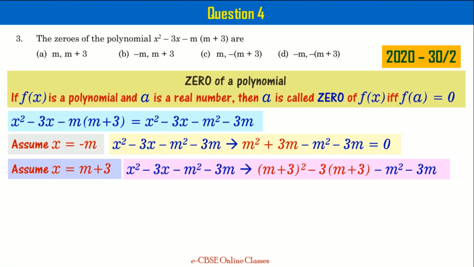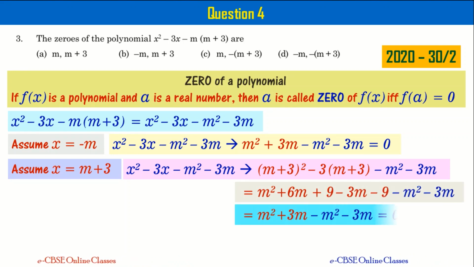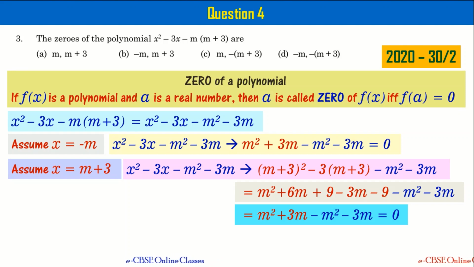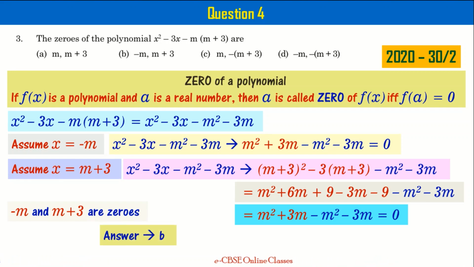M plus 3 whole square can be expanded using the a plus b whole square formula. When you do that and simplify it, what you get is m square plus 3m minus m square minus 3m, that is equal to 0. So we are correct. M plus 3 is another zero. Let me write that. Minus m and m plus 3 are the zeros for the given polynomial. So choice B is the answer, right?